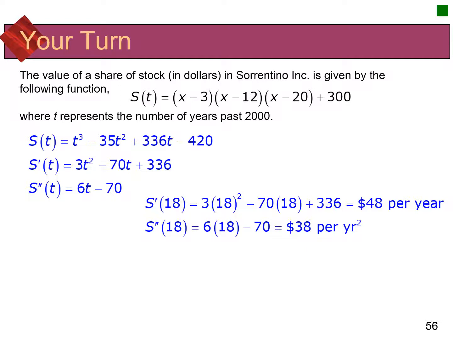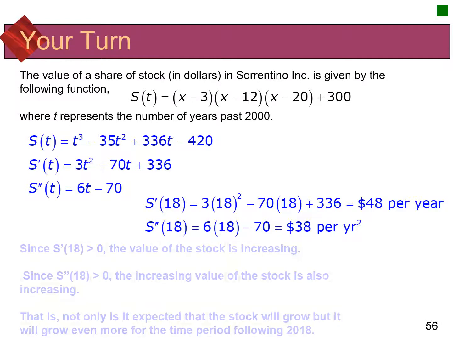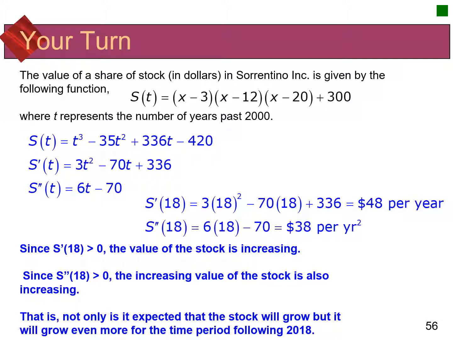That's more or less the expectation. So it's gaining in value and also increasing how fast it's gaining in value as time goes by at this point. So based off of that, not only is it expected that the stock will grow beyond 2018, but grow even more from the time period following 2018.